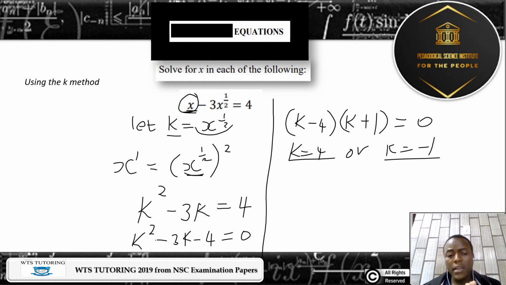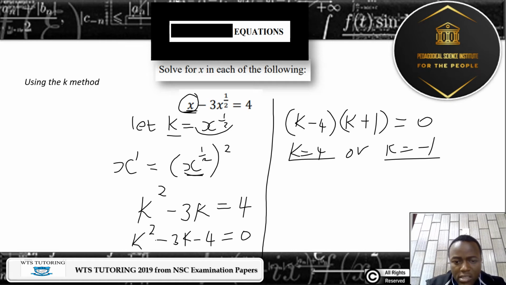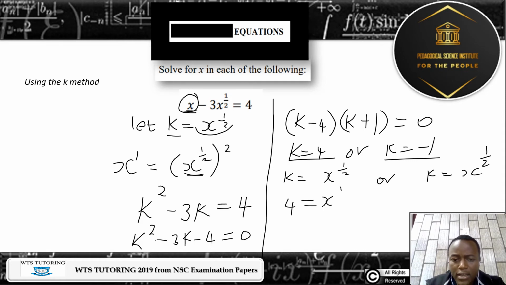Then I go back to the equation there. Remember, we need x, we don't need k, we need x. So from k is equal to x exponent 1 over 2, I'm just going to replace k by 4 this side and solve for x.